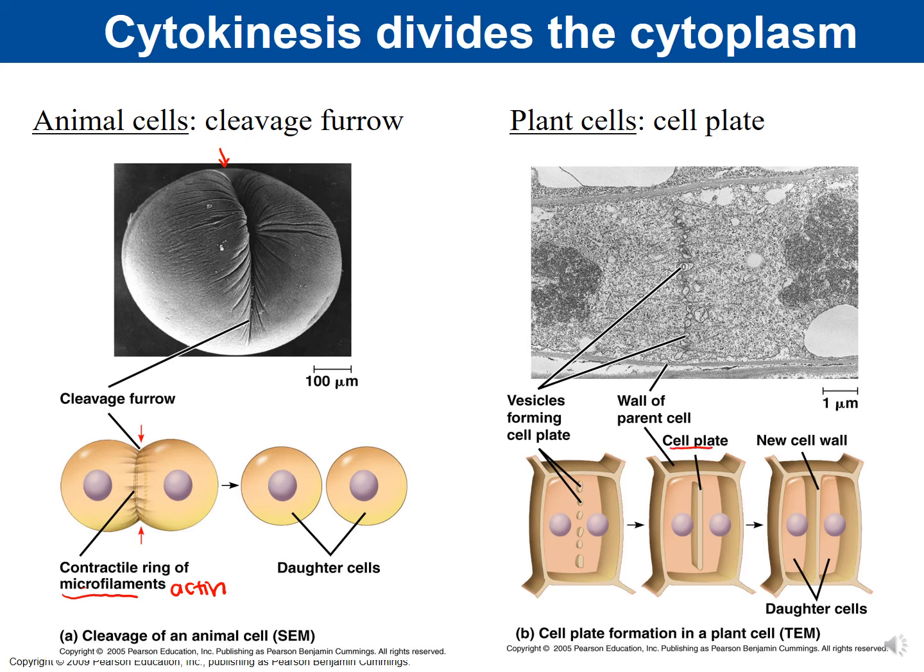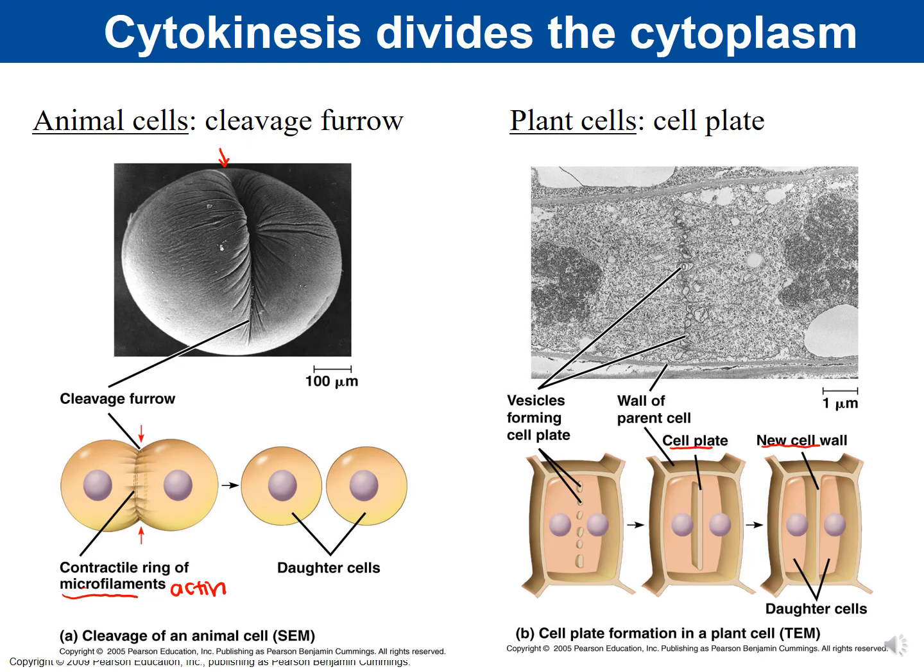It's this line that's forming down the middle, and that line is going to have the cell wall and the cell membrane. And then that cell plate is going to continue to extend until it reaches the cell wall. And what you end up with is a new cell wall down the middle that divides that one cell into two.